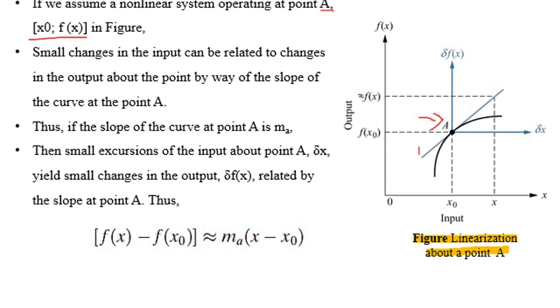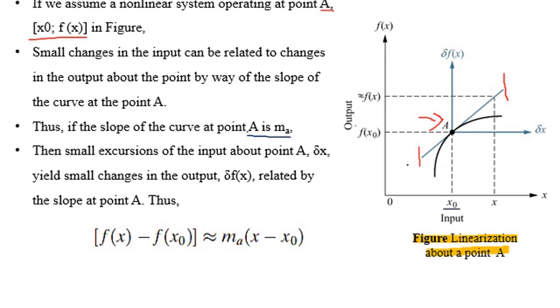Now for the linearization process, we will limit the operation of this nonlinear system to a specific range. Means a small change in input can be related to a small change in output by way of the slope of the curve at point A. Now the slope at point A is represented by mA.